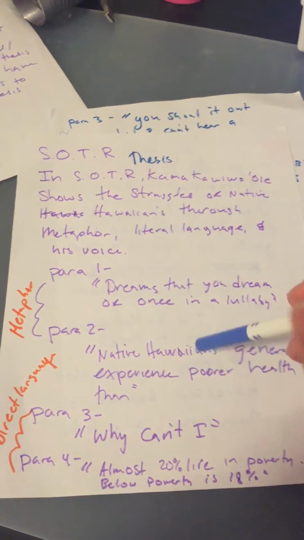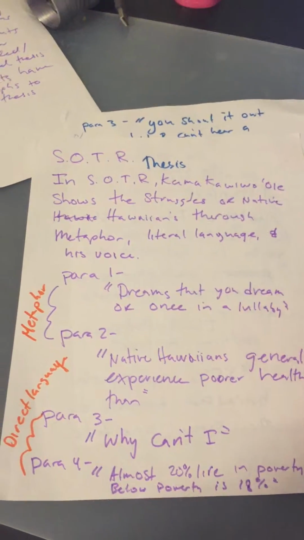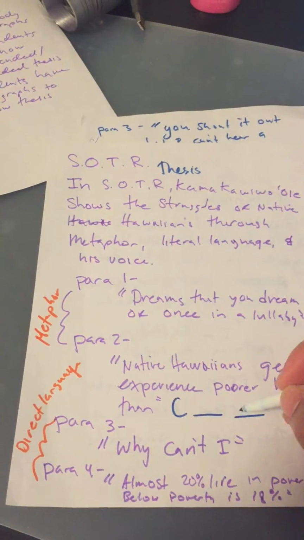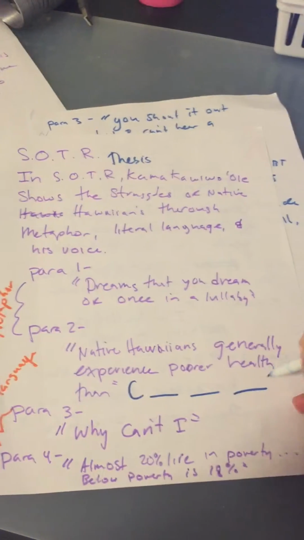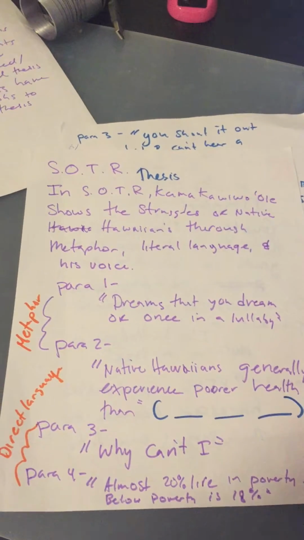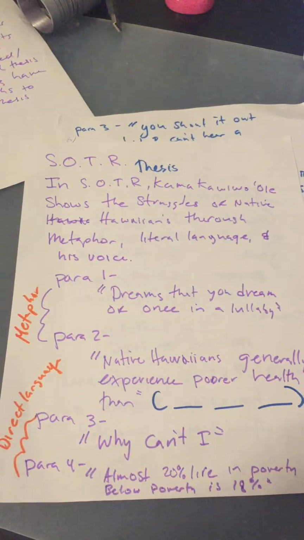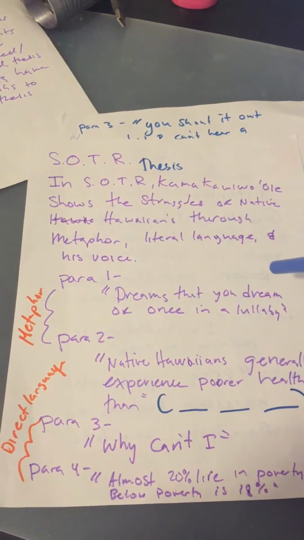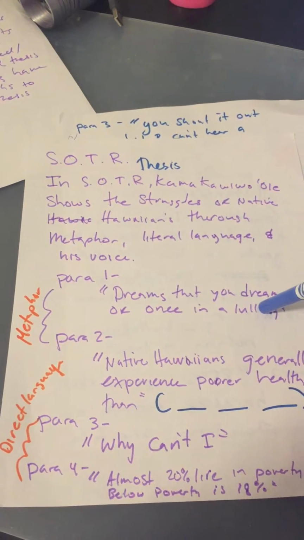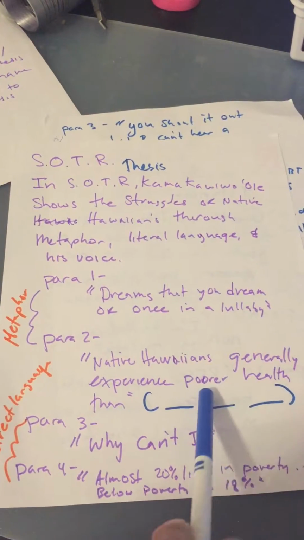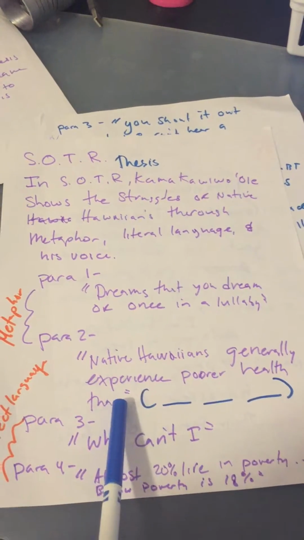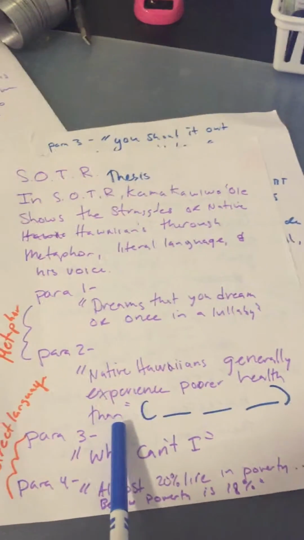I'll show you an example of that later, but you just cite it in terms of who is the author, what's the year, and what's the page number. You're going to use a page number because it was a report. So in here, I'm going to refer back to the dream. The reason he wants to go back to a dream is because his people are living a nightmare, that generally they experience poorer health than most people in America.